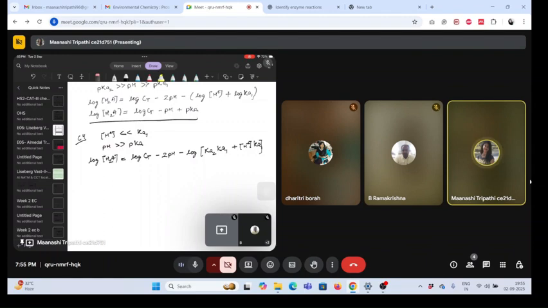And here, because we have multiplication of these two values, this is also a curve, not a straight line. So that will be near the next pKa value.